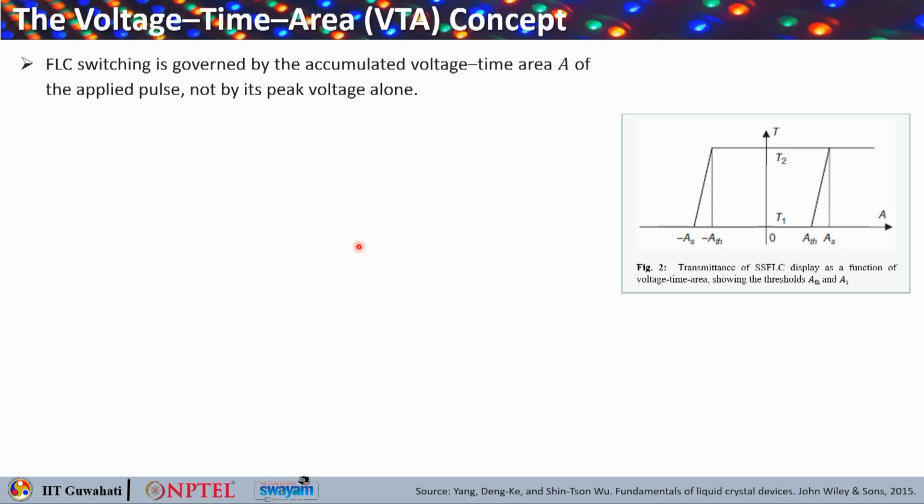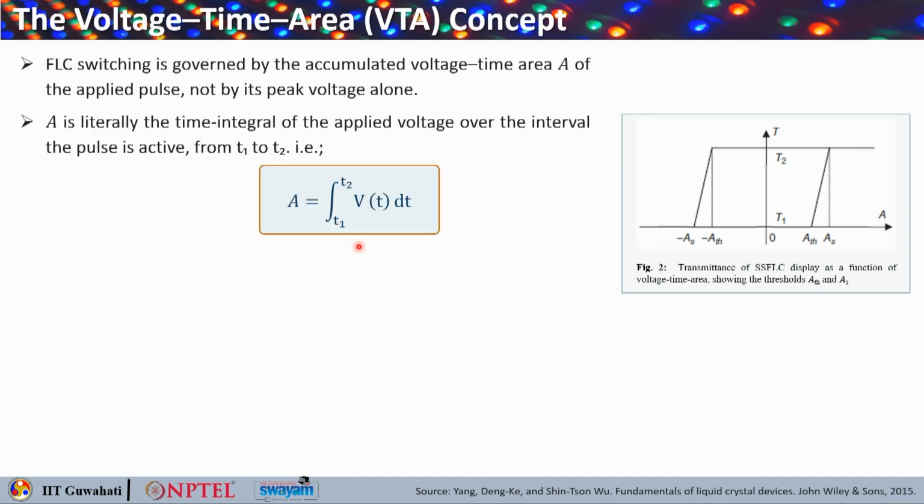Okay. Now, why an integral quantity makes physical sense here is that this FLC switching is basically governed by the accumulated voltage-time-area A of the applied pulse. Okay. So, it does not only depend on the peak value or the peak voltage itself, and A, as you see, is basically the time integral of the applied voltage over the duration of the pulse, say T1 to T2, right.